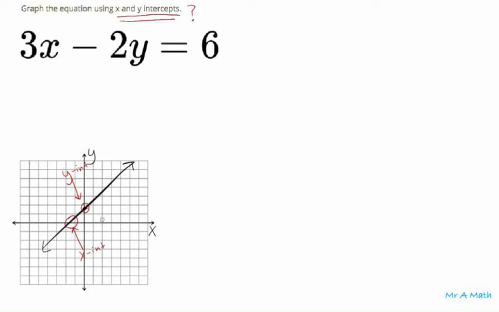The one thing that we know for sure is since it's on the y-axis, that means I have an x value of 0. Right? Because if this is x equals 1, this is x equals 2, this is x equals 3, it stands to reason that on this y-axis, x is equal to 0.